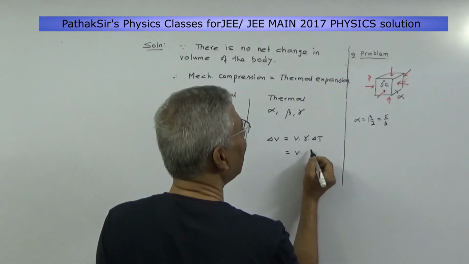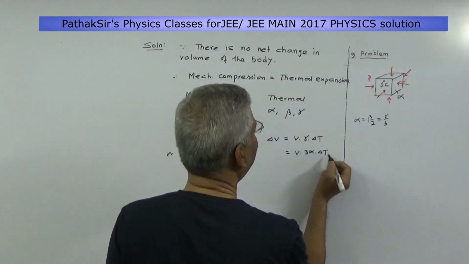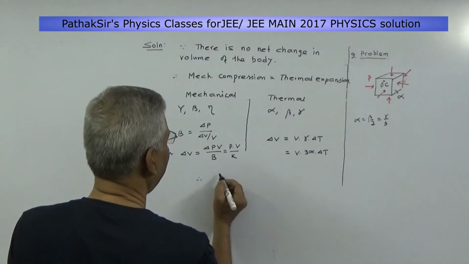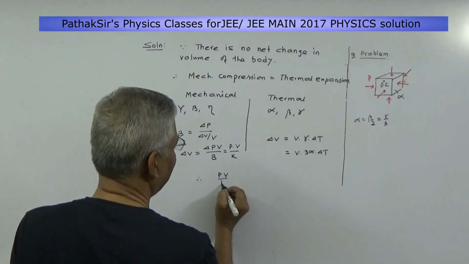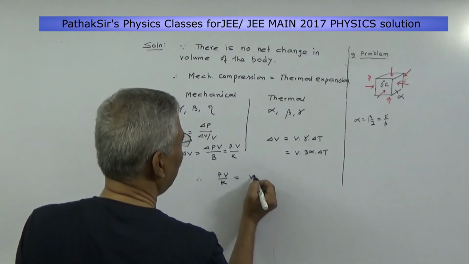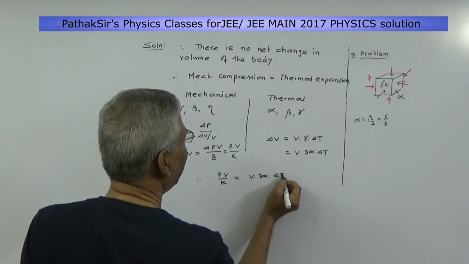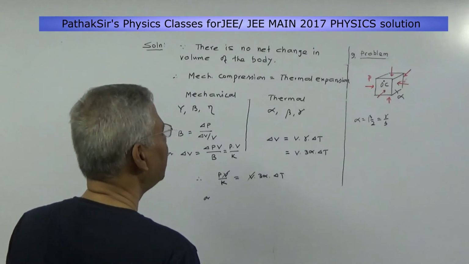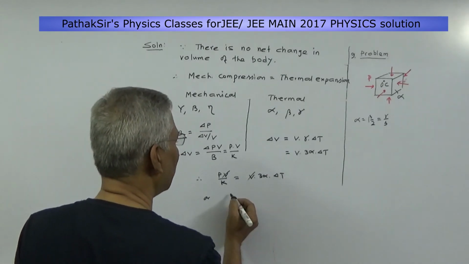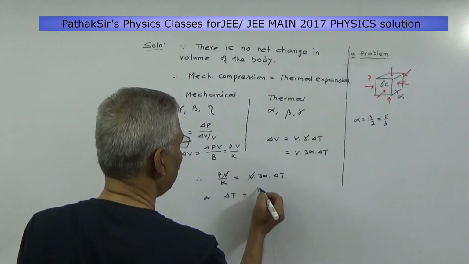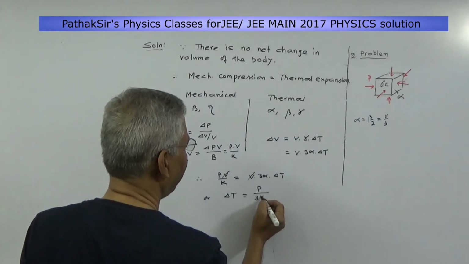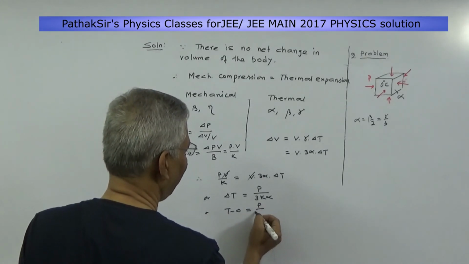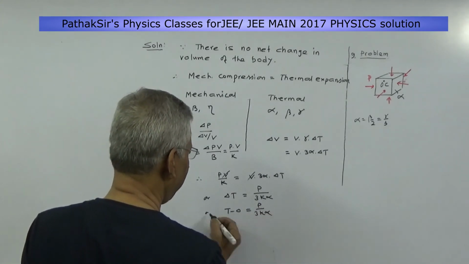So write gamma equal to 3 alpha into del T. Since mechanical compression equals thermal expansion, hence PV by K equal to V into 3 alpha into del T. V cancels, and del T means initial is 0, so del T equal to T minus 0, equal to P by 3K alpha.